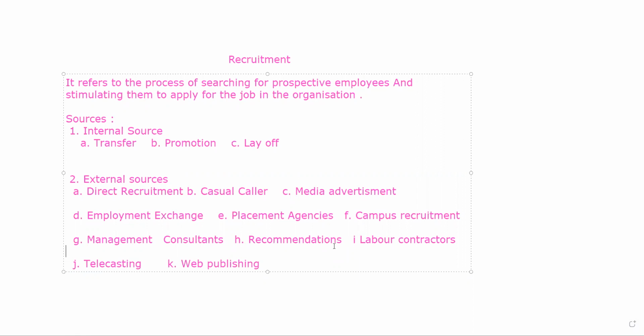Labor contractor. Yes, labor contractors are a kind of link between the laborers as well as managers. We know that in factory areas or where construction work is to be done, those business organizations need labor, and labor needs work in the enterprises. So labor contractors are the mediators between the labor and the managers of the enterprises.